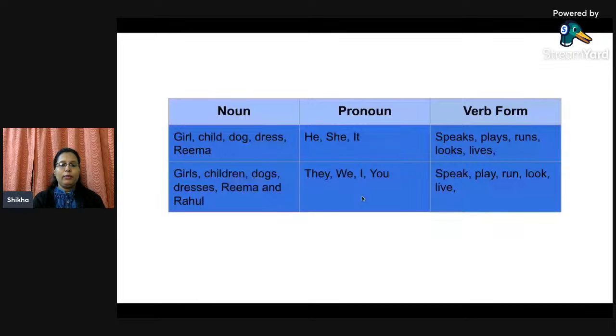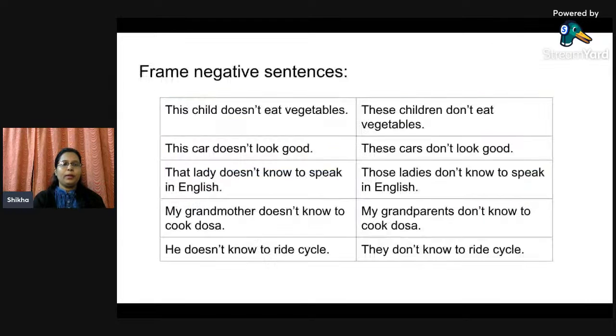So if we are using the pronoun you, irrespective of whether we are talking about a singular person or a plural person, our verb should always be plural. That is without s, like speak, play, run, look, live, love, eat. So all these are without s. Am I clear?